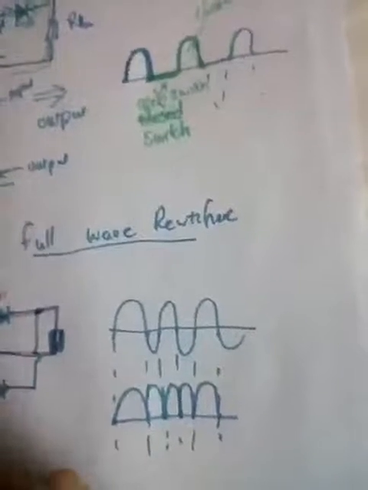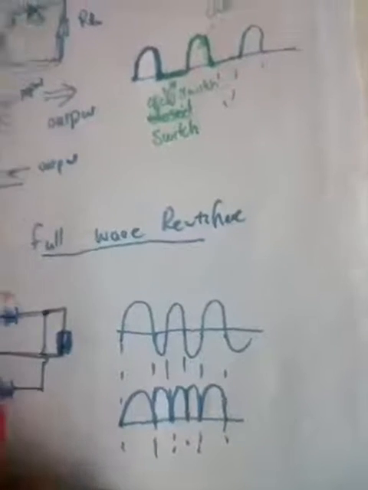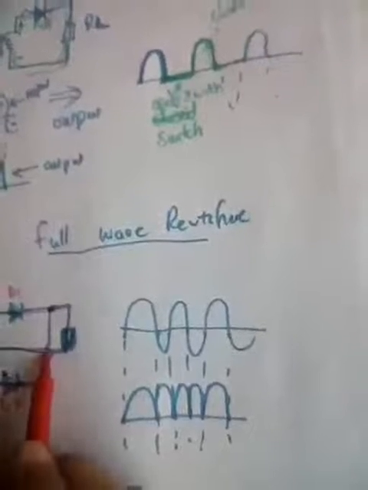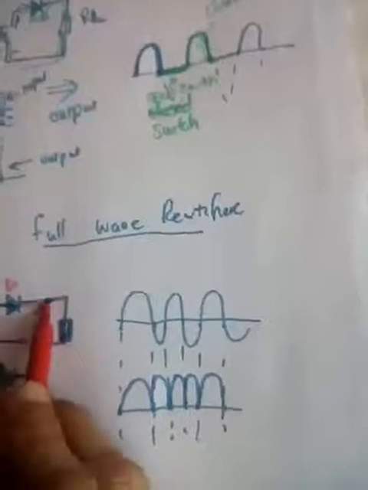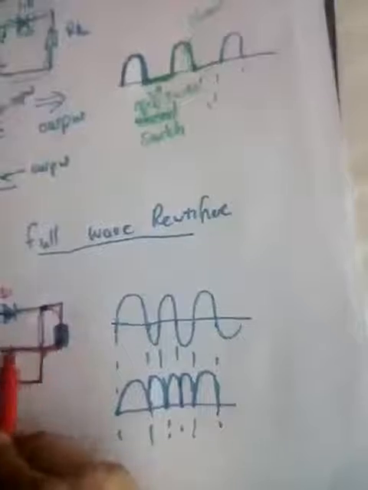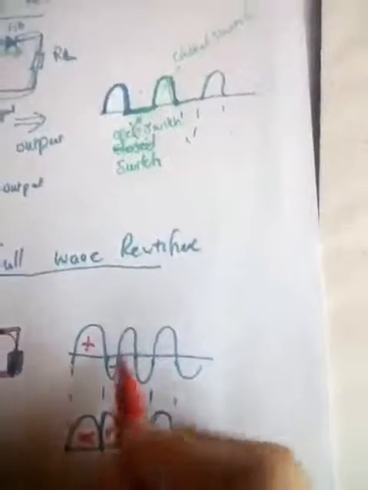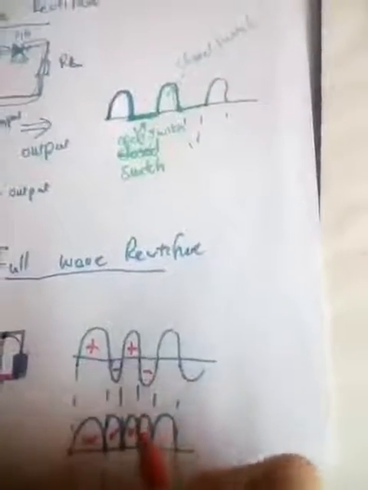Negative cycle, you will see diode 2 is also forward bias, current flows right through, goes around there, to the load resistor. So in both cases, positive and negative cycle, the diodes will conduct. That is why for the positive cycle you will have an output, and for the negative cycle you also will have an output. Then again positive cycle output, negative cycle output, and there you have it.